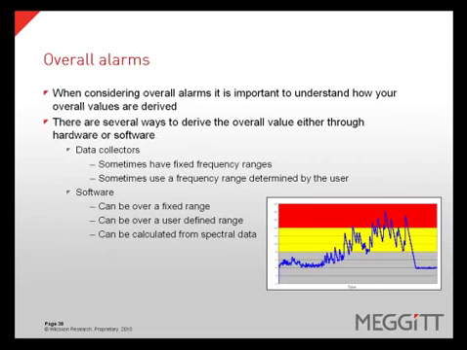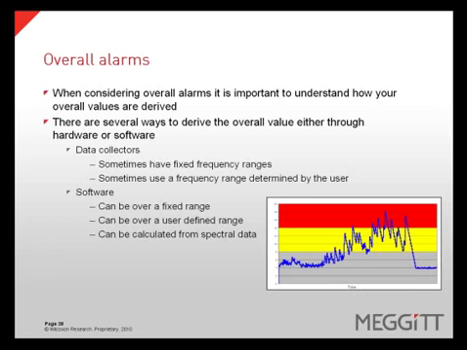Overall alarms can be obtained using different methods. This is a big part of why all overalls from different data collection devices do not match exactly. The overall vibration level can be obtained using data collector hardware designed to detect the overall vibration, or can be calculated using the software, typically from the spectral data.